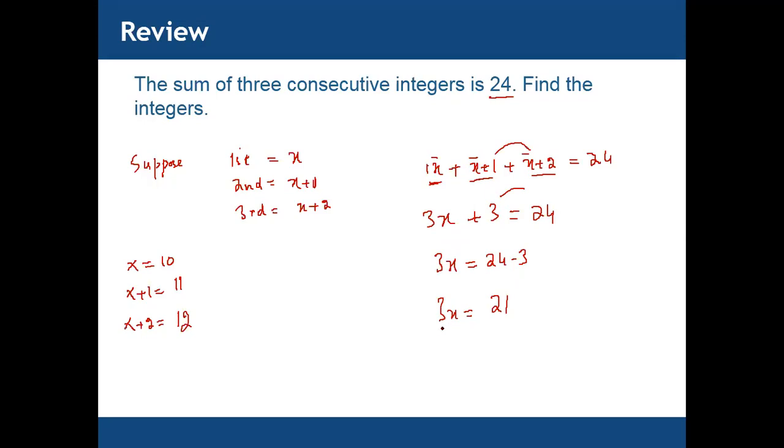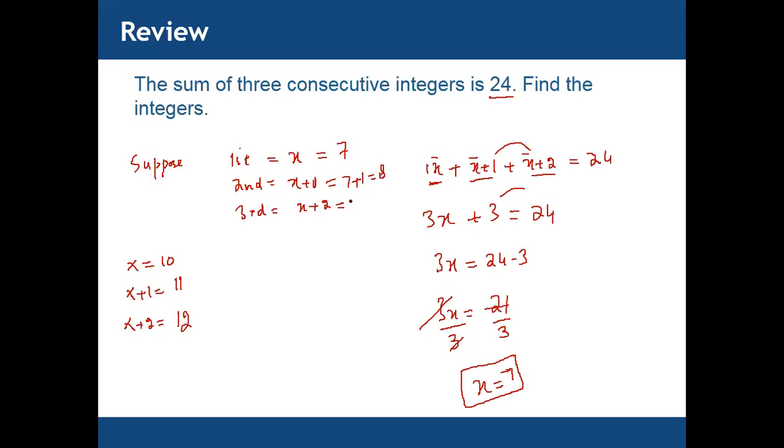We need to find the value of x, so divide both sides by 3. If we divide both sides by 3, 3 cancels with 3, and x is equal to what? 21 divided by 3 equals 7. So the first number is 7. The second will be 7 plus 1, which means 8.